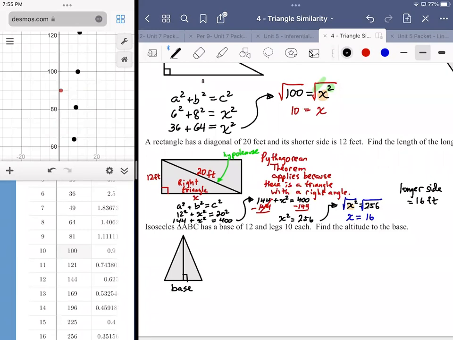Come on, lock in, close enough. All right, so that's an altitude. The other two sides of the triangle, those would be the legs.